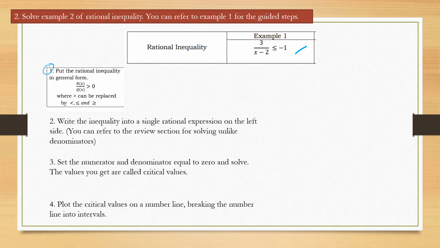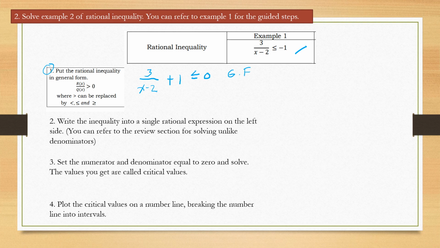Ang kailangan lang, maging standard form muna siya. Yung nasa kanan niya ay equal to 0. So, we have, maging general form natin, 3 over x minus 2 plus 1 is less than equal to 0. Ayan, nasa general form na siya.